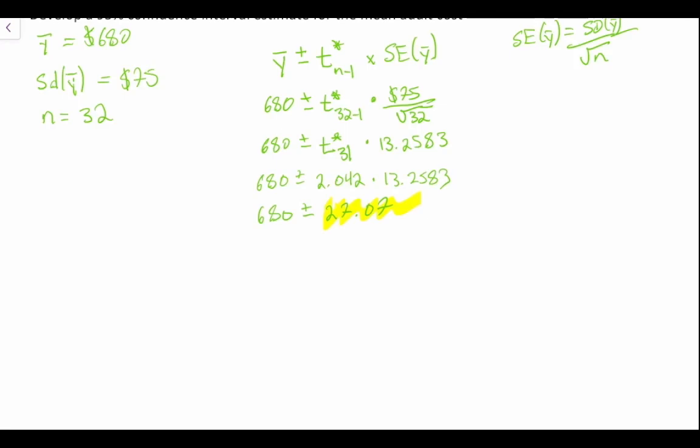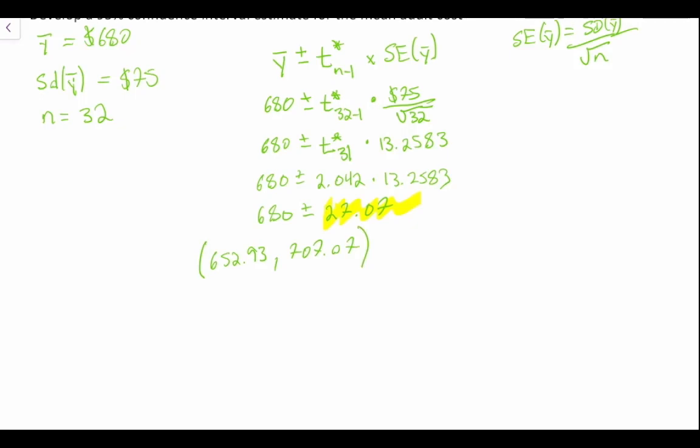So from there, we can just calculate our confidence interval. So we get 680 minus 27.07, which gives us 652.93. And we get 680 plus 27.07, which gives us 707.07.